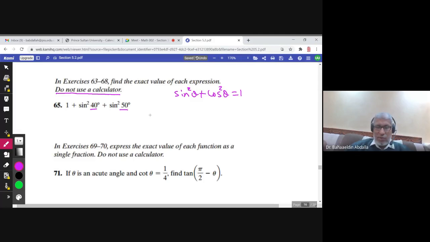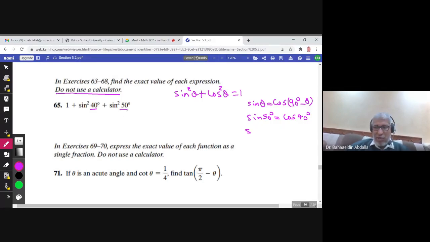How can I replace sine by cosine? I know that sine theta is cosine 90 minus theta. So sine 50 would be cosine 90 minus 50, and 90 minus 50 is 40. So sine 50 is actually equal to cosine 40.